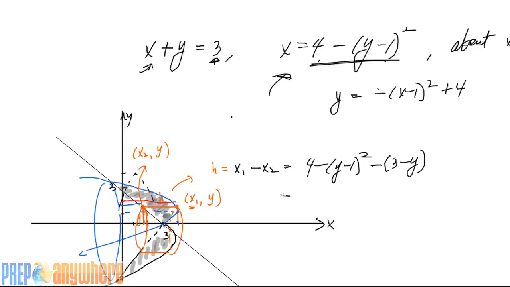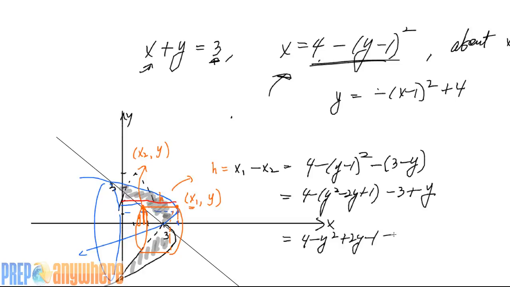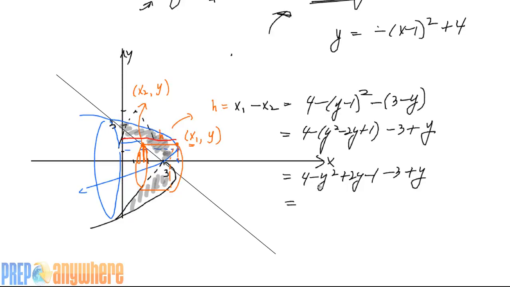So let's clean this up, this is a little bit too messy. 4 minus (y squared minus 2y plus 1) minus (3 minus y). So you get 4 minus y squared plus 2y minus 1 minus 3 plus y. So minus y squared. Combine those two, you get 3y. That's plus 4 and minus 4, so it's all gone. So that's all we have left over. That's the expression of the height.